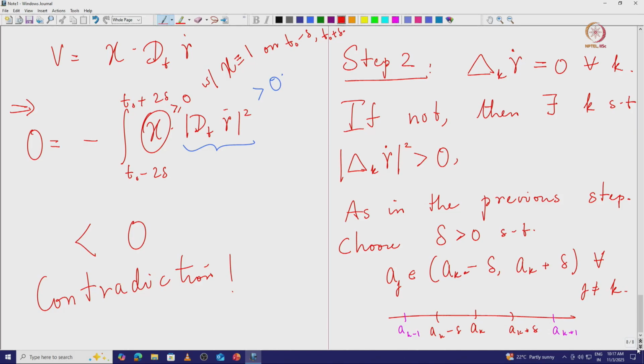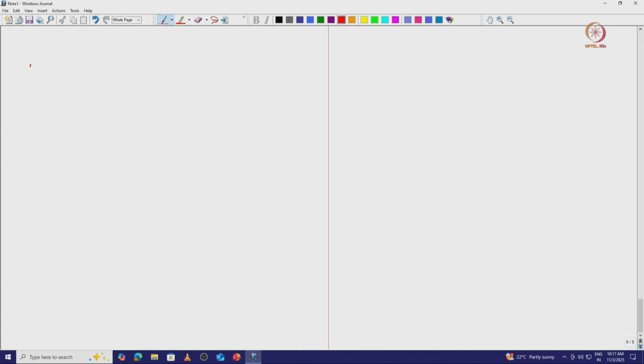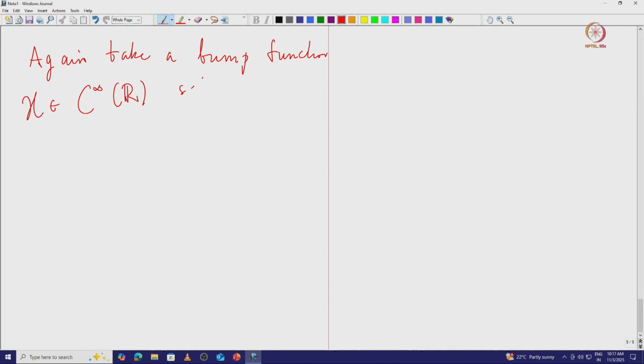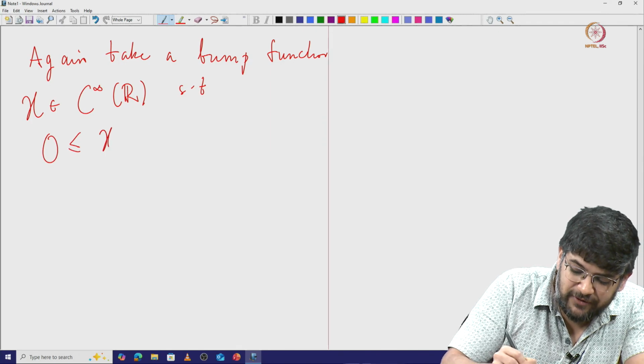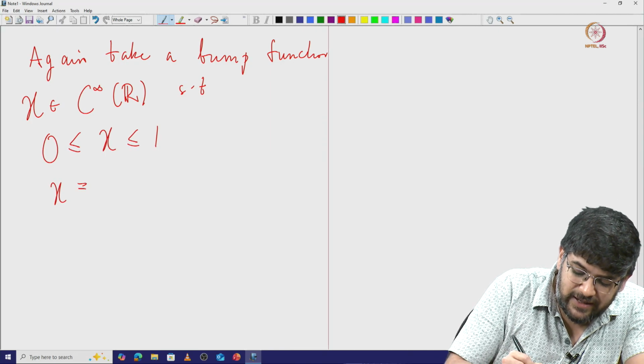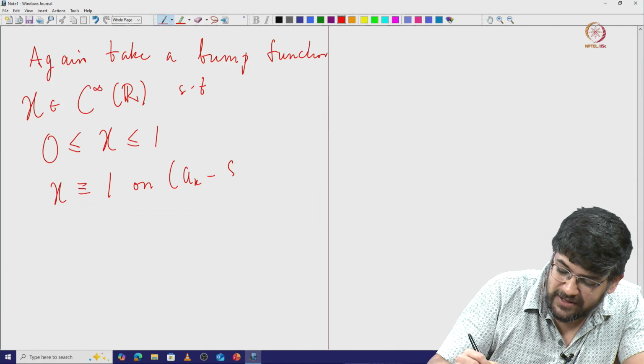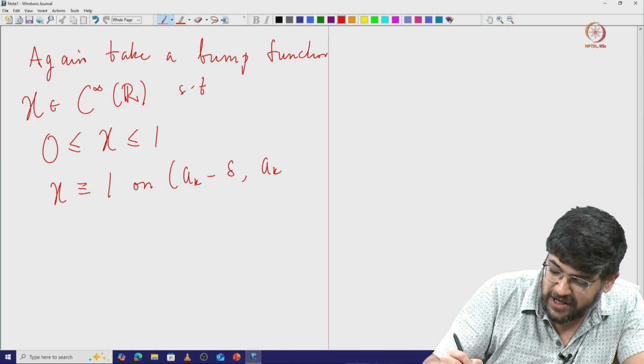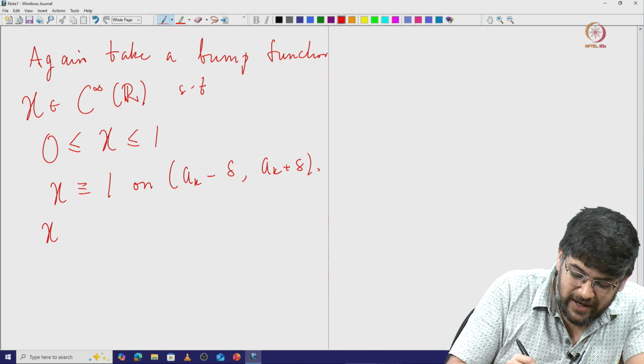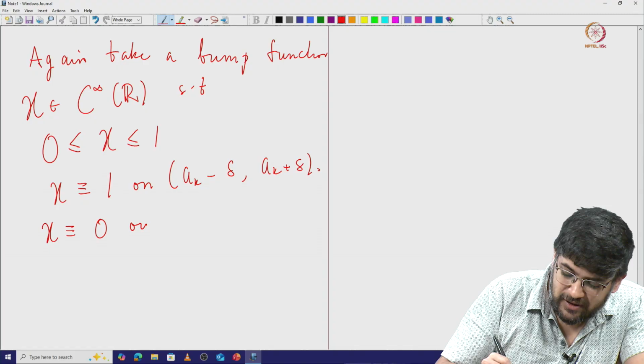And now simply take again a bump function chi which is smooth on R such that again chi is between 0 and 1, chi is identically 1 on ak minus delta to ak plus delta, and chi is 0 outside.